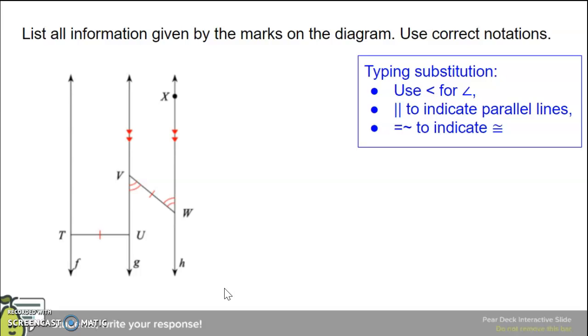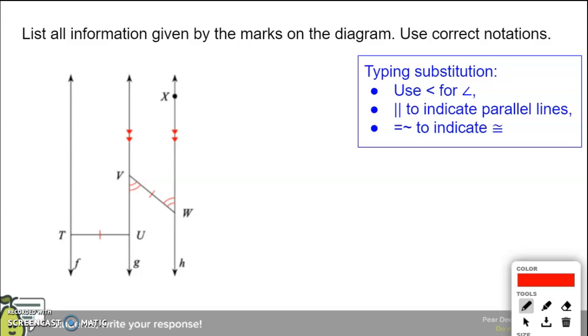Okay, so at this point, we are going to move on to PADET. Okay, so this question is asking you to list all information given by the marks on the diagram. Use correct notation. For the typing sake, instead of the angle notation, you can use the less than symbol to indicate the angle notation.